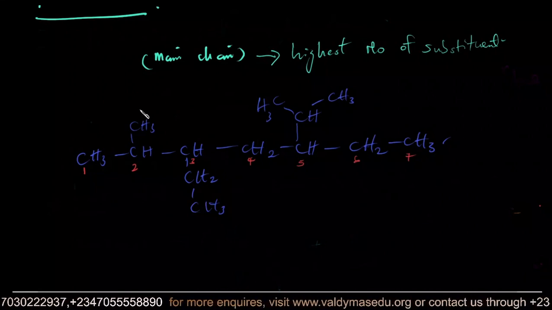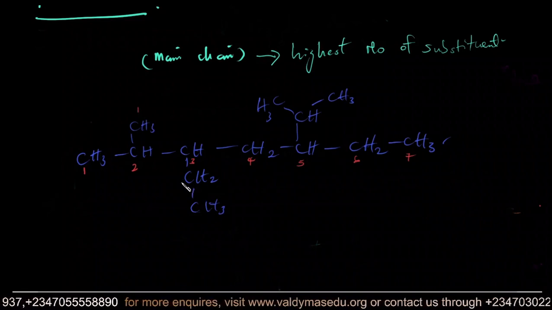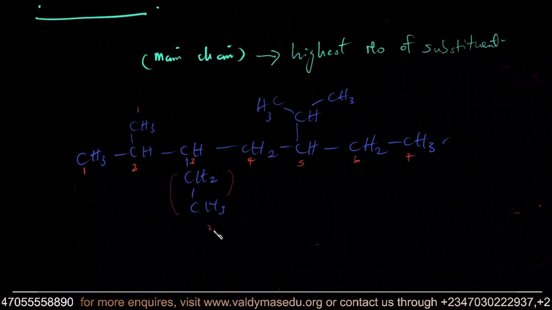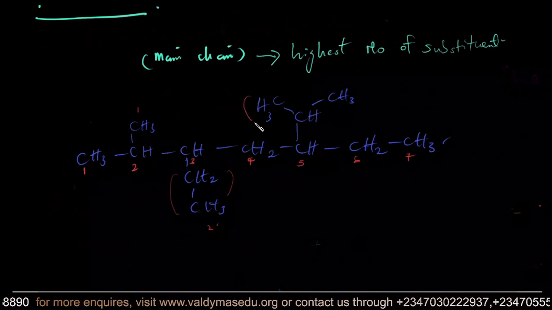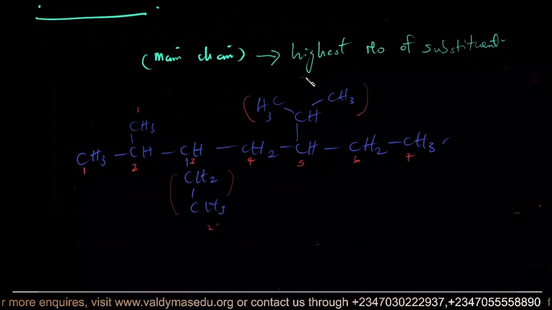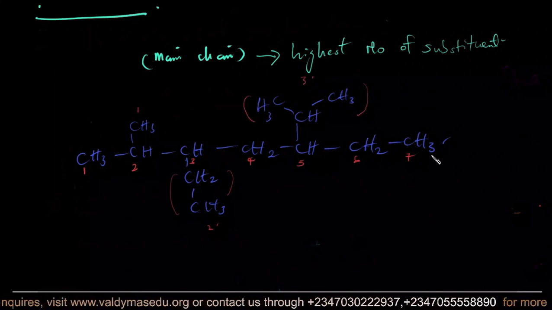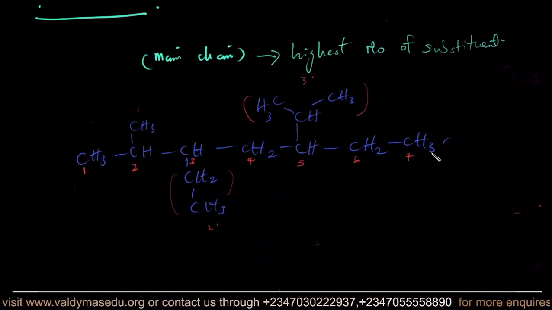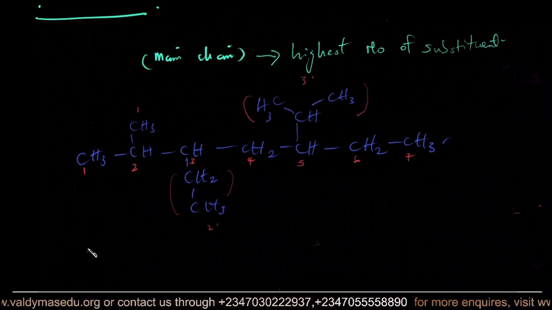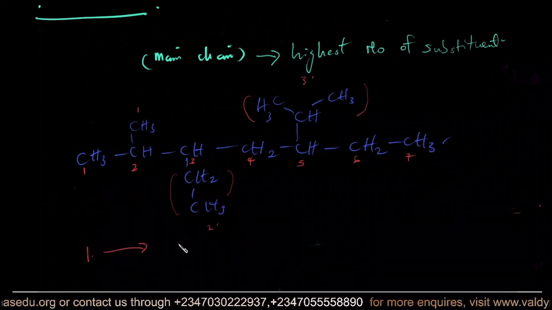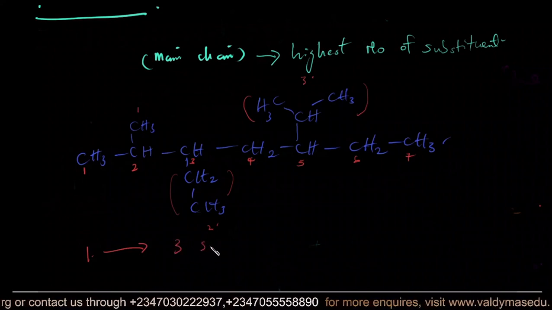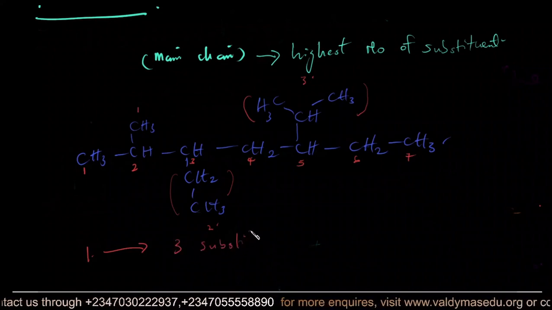We have 1, then 2, and this is 3, right? So for this first chain, we have 3 substituents.